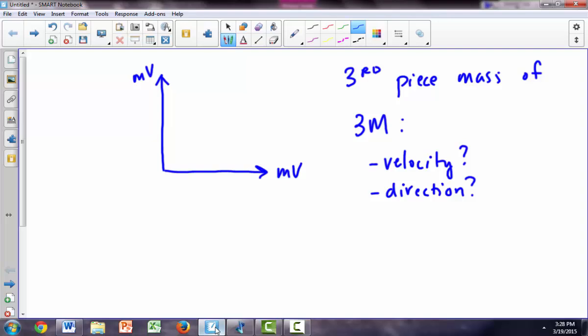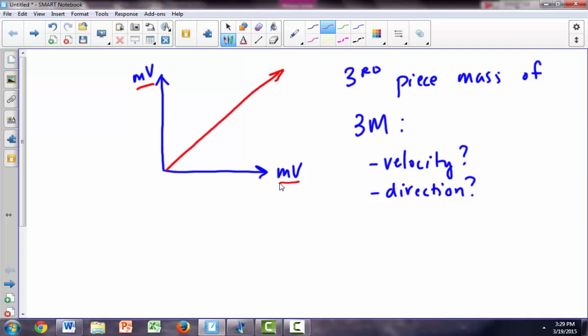So these 3 pieces together were at rest beforehand. So the sum of the momenta after the explosion has to be 0. If you look at the first 2 vectors here, the mv to the right along the x-axis and the mv vertically up, combined they have a momentum that looks like this.